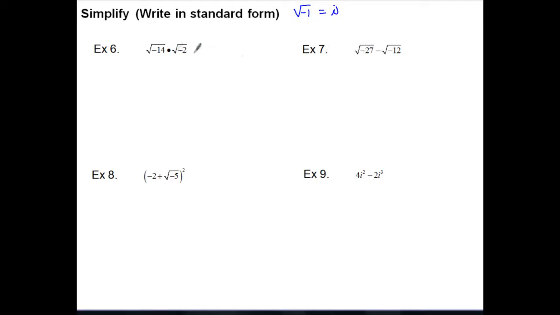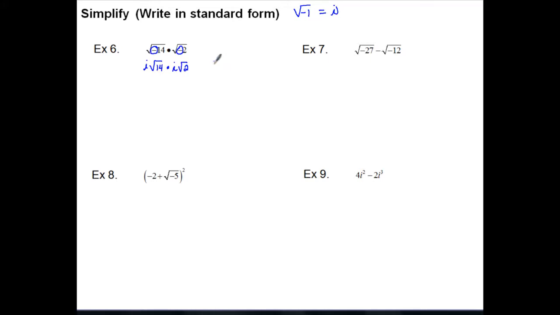And before we start multiplying or doing anything here, we need to take care of these negatives under the square root signs. So the square root of negative 14 would be i square root of 14, times square root of negative 2 would be i square root of 2. So basically you need to pull the i's out in the front before you do anything else.